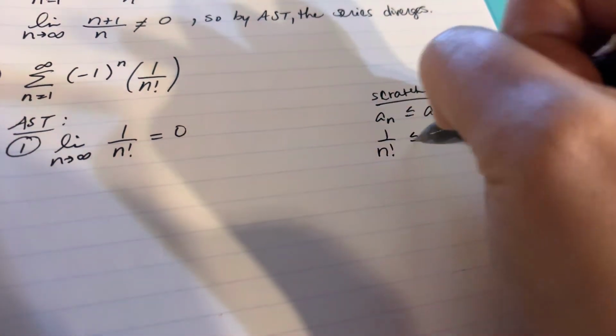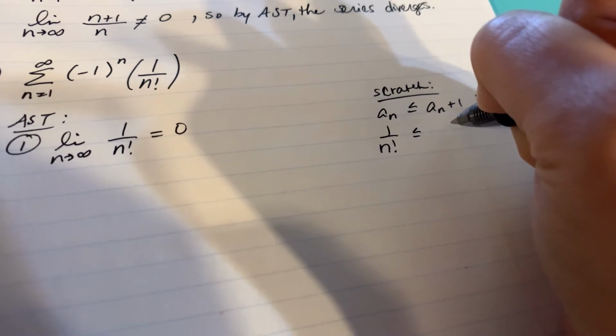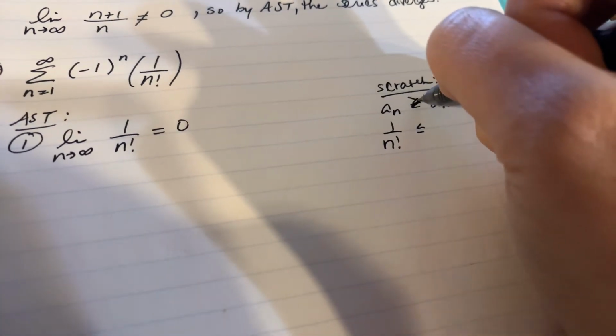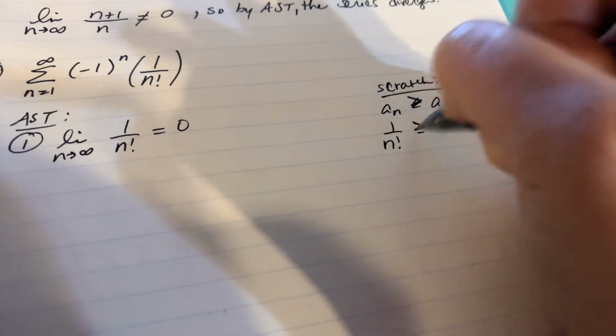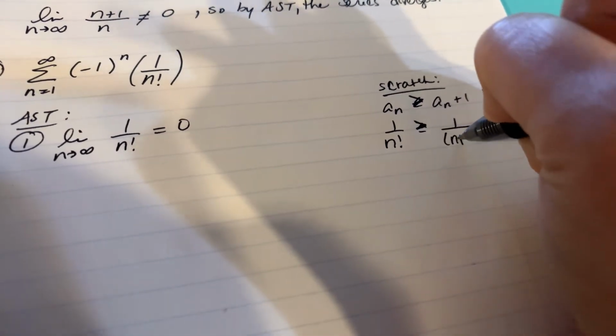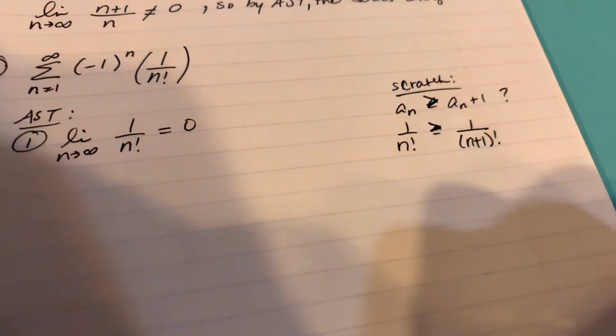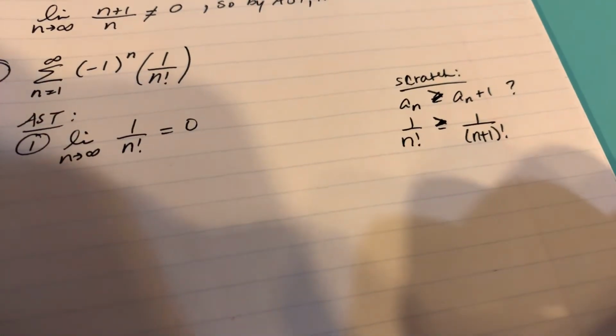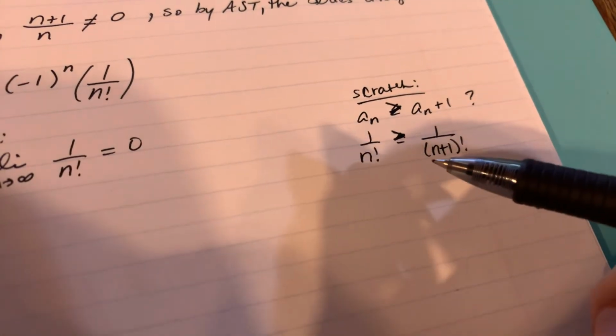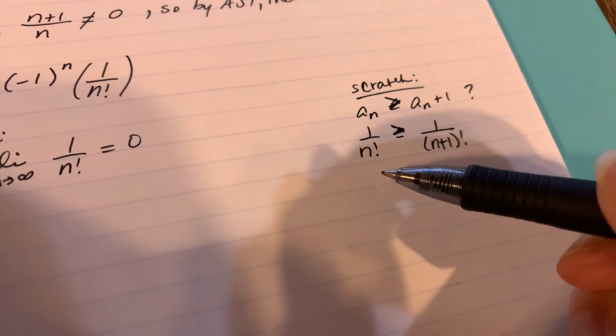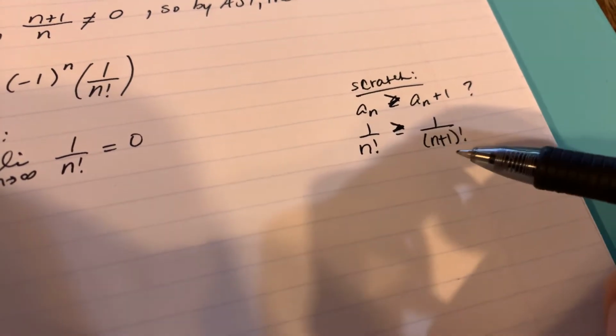I want to know, is a_n greater than or equal to a_{n+1}? It's supposed to be decreasing. So a_n is 1 over n factorial, compared to 1 over (n+1) factorial. I would say a big old duh. The numerators are the same, so you can just compare the denominators.